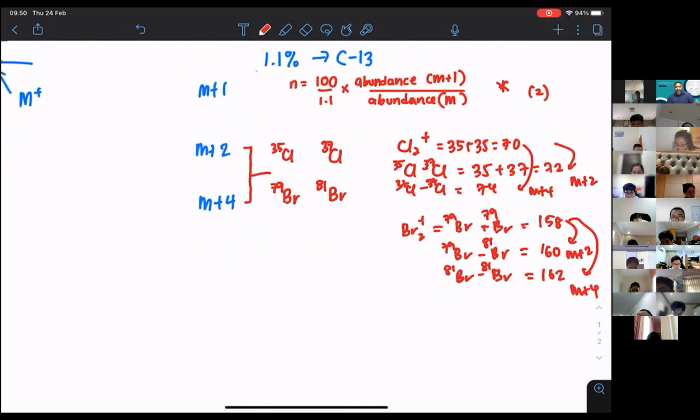The only way to separate them, which I didn't go into detail about, is by looking at the ratio. If the ratio is 3 to 1, then the peak is showing Cl. If the ratio is 1 to 1, so 50% and 50%, then it's showing Br.